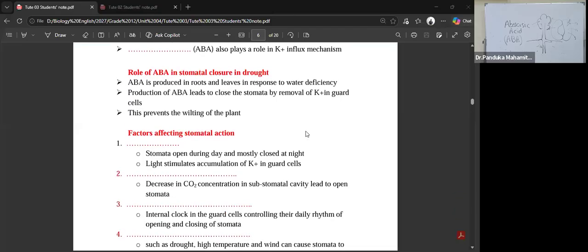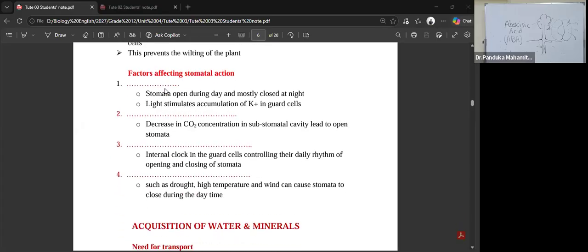Now, the role of abscisic acid in stomatal closure in drought. What happens? Abscisic acid is produced in roots and leaves in response to the water deficiency. And the production of abscisic acid leads to closing of the stomata by removal of the potassium in guard cells. This prevents the wilting of the plant, so drying out of the plant is prevented by this mechanism.